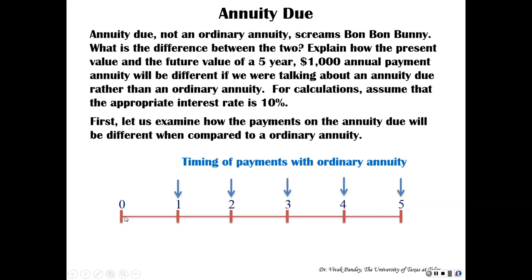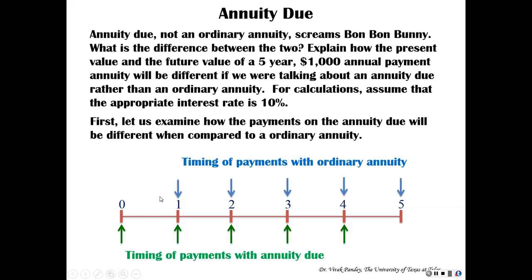So that distance between 0 and 1 is the first year, and then the second year, end of year 2, and so on. And the payments will occur at the end of each year in an ordinary annuity, or if it's a monthly payment scheme, at the end of each month, right? But with an annuity due, the payments occur at the beginning of each period.